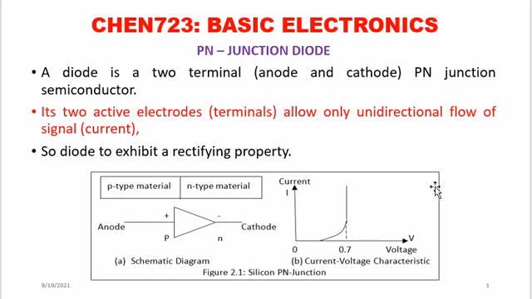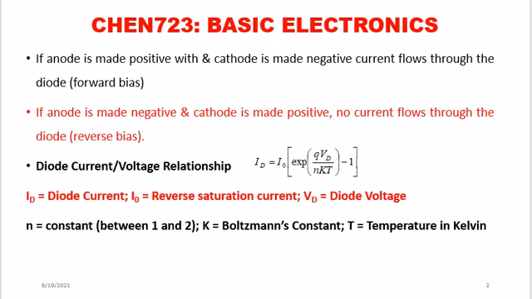Therefore, my charge carriers will be moving backwards. Instead of crossing this junction, they will be moving backward, and for this we call this configuration a reverse bias, and it is the condition under which the current will not be flowing and the diode is now in the cut-off condition.